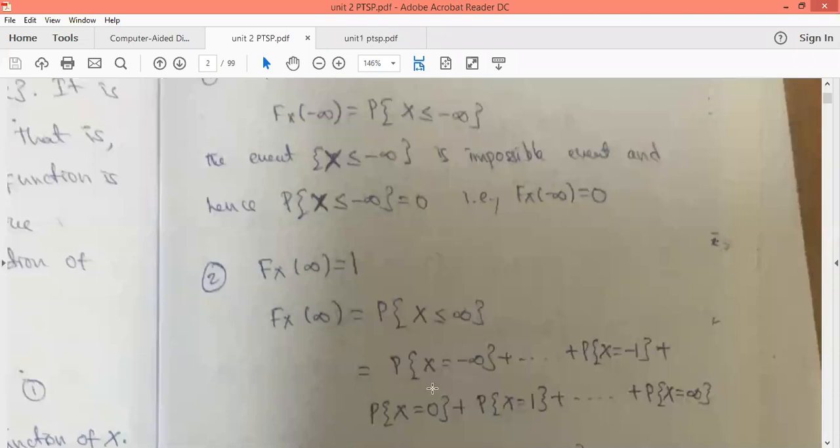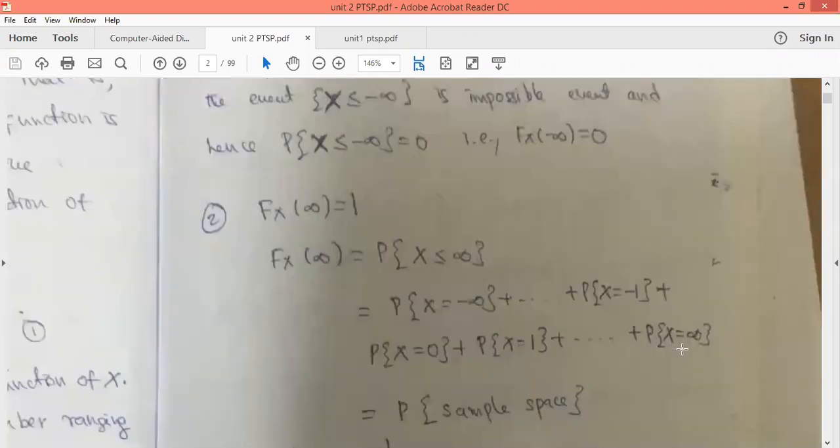So it is equal to the probability of X equal to minus infinity, plus so on, the probability of X equal to minus 1, plus the probability of X equal to 0, plus the probability of X equal to 1, and so on, till the probability of X equal to infinity. What happens here? It will include the complete sample space.